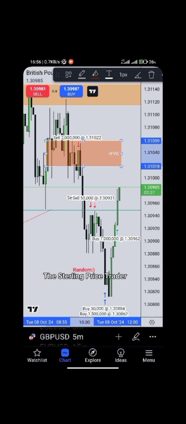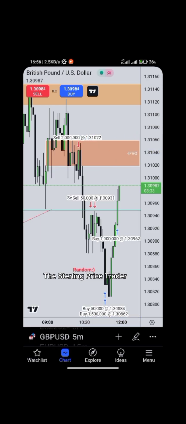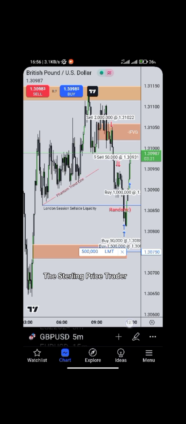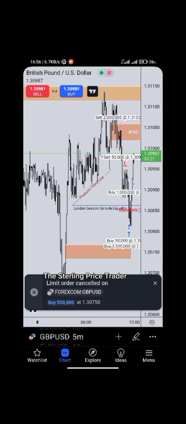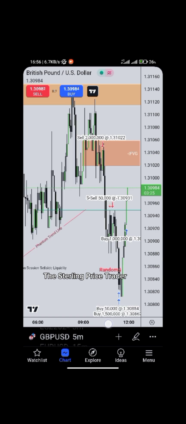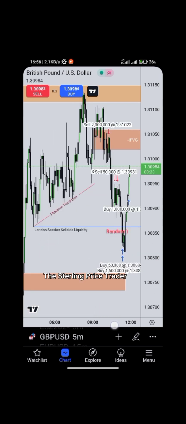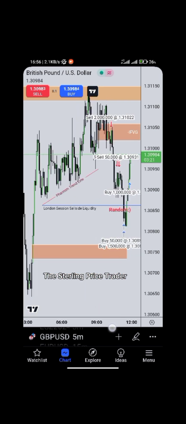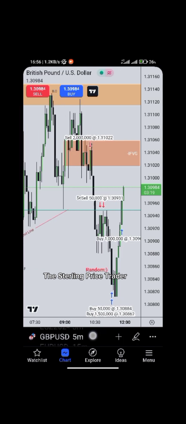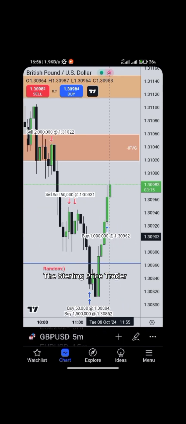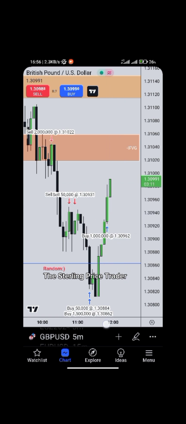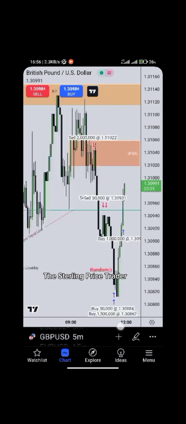So that was what I used to enter, inversion fair value gap, and I sold short. I'll be taking out this limit. That was why I said I'll come and check, because it can actually stop me out in profit and still go down during the PM session. I don't want that kind of story. And you can check the price. This was what the price was. My stop loss was at 1.30962, and stopped out in profit. So that's the business.